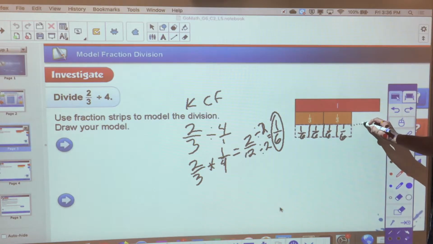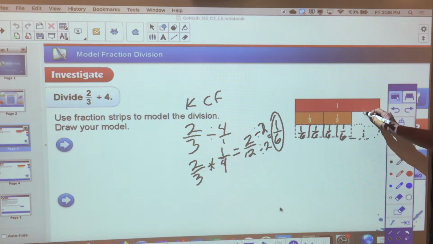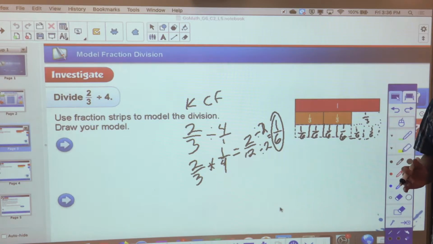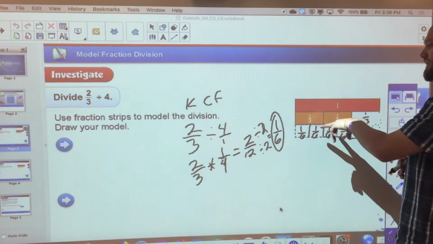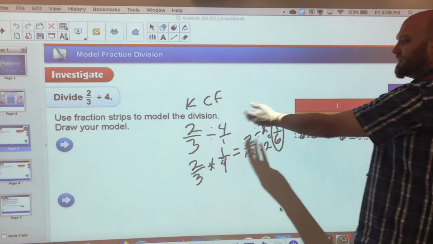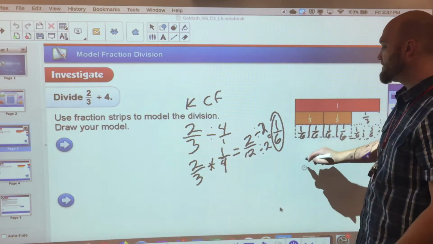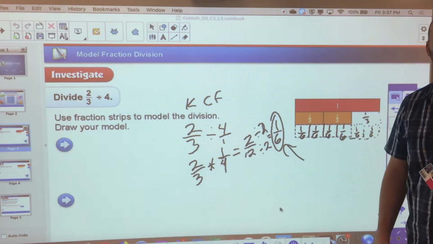Because if I were to keep going, this would be a phantom 1/3, and this would be a 1/6, 1/6. I'm breaking them down into smaller chunks. So if I took 2/3 and broke them into 4 pieces, these 2/3 are broken down into sixths.